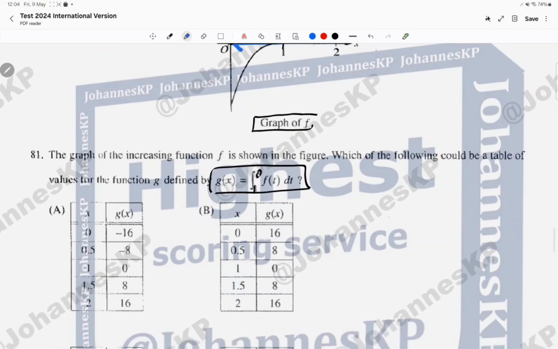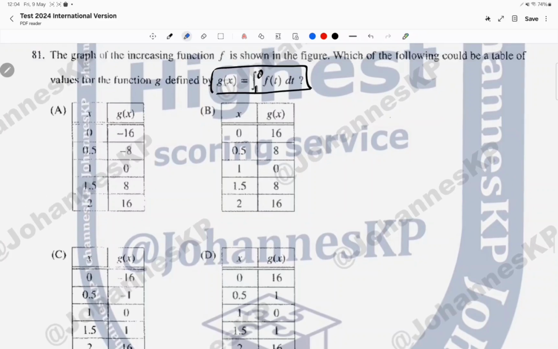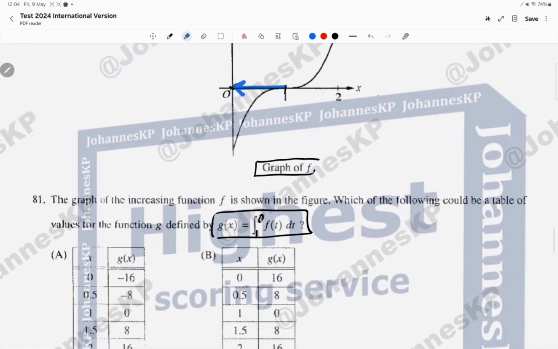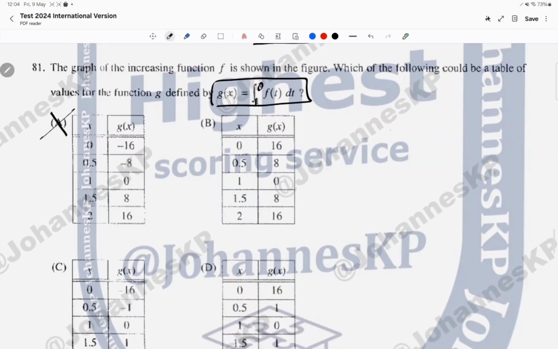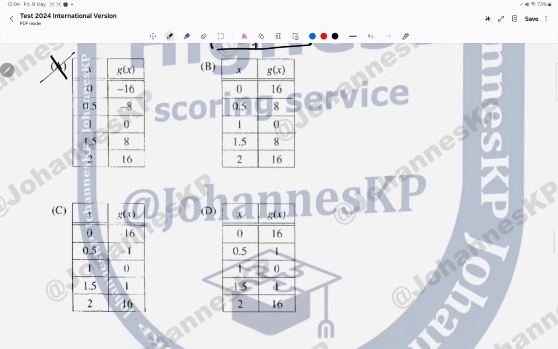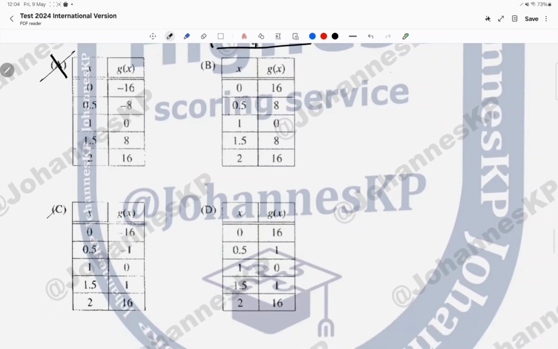Negative. But look, let me show you something. It's already negative here. Correct? So when you go back, it's negative, and it's already negative. Positive. So that means when you are on the left of 1, you should have a positive area, not a negative one. So A is going to be out. Okay. And C is going to be out as well. Okay.